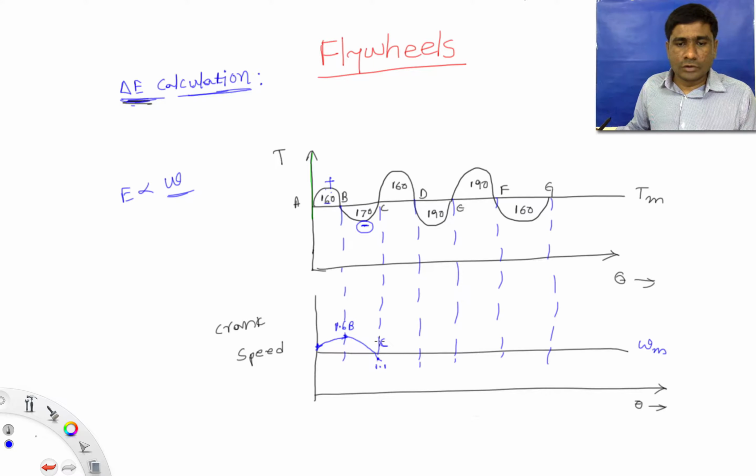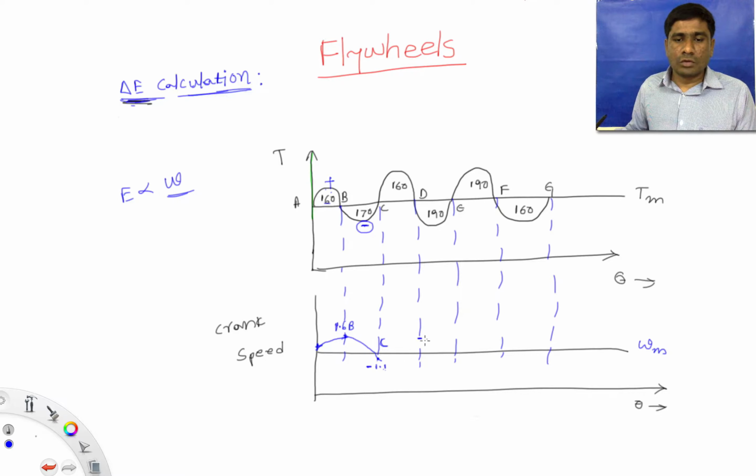This is point C, and at point D we have again 1.6, so that should be added to the 0.1. So how much is this? It is below the omega m. So let me say this is omega m minus 0.1, plus 1.6.